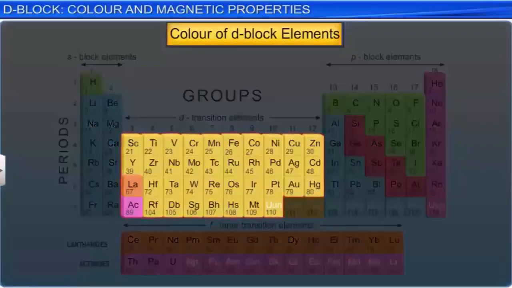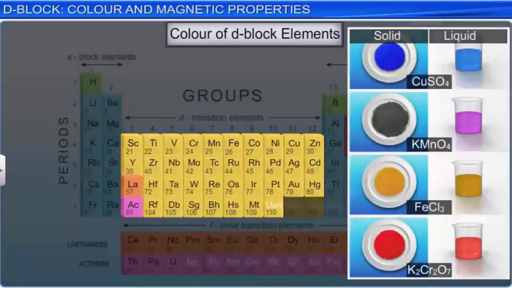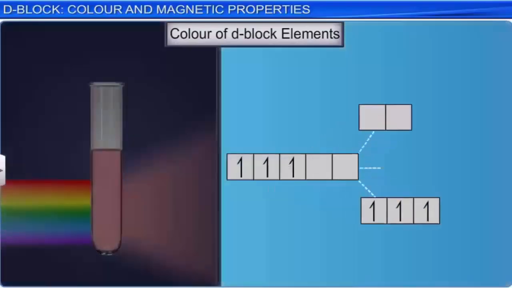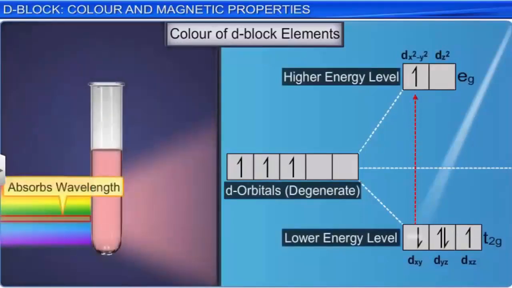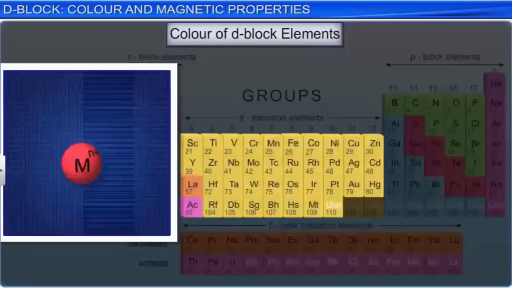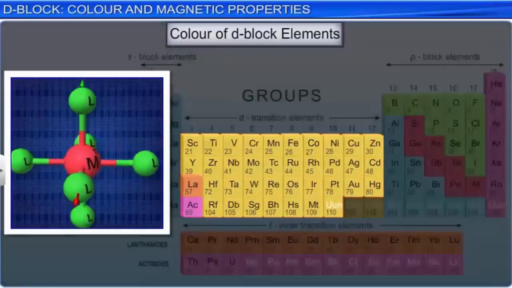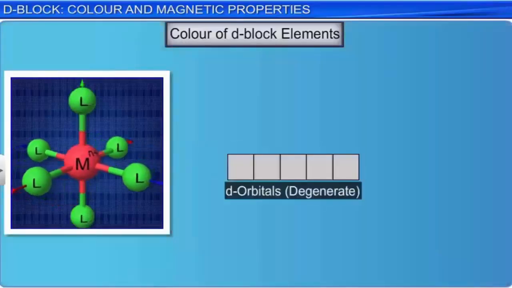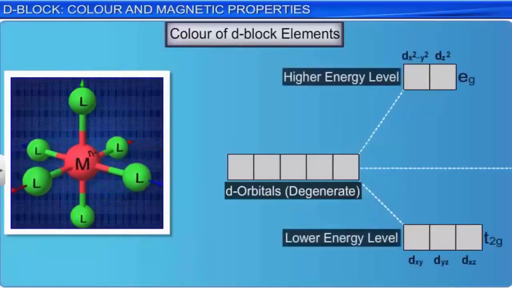Most d-block metal compounds are colored in their solid or liquid states. Color is associated with the ability of a compound to promote an electron from one energy level to a higher energy level. In the case of transition metal ions, under the influence of ligands, the degeneracy of the 5d orbitals is lost and they separate into two distinct energy levels.